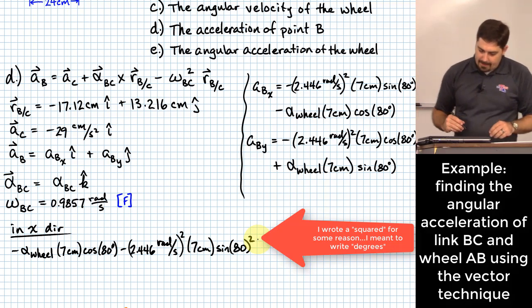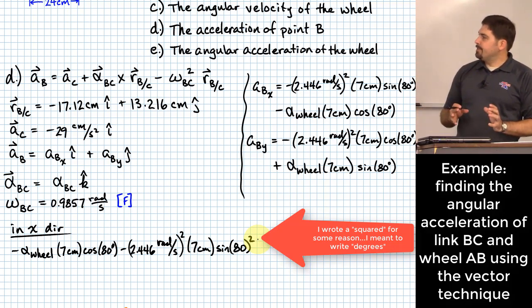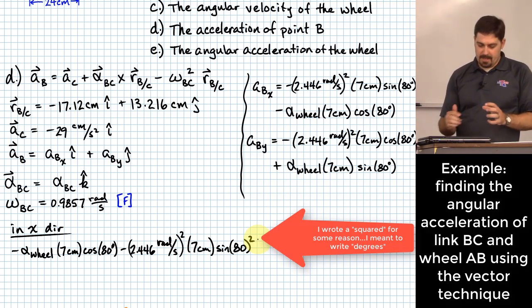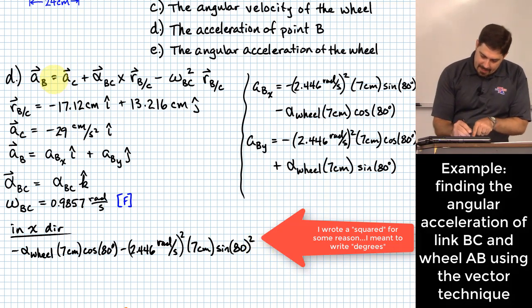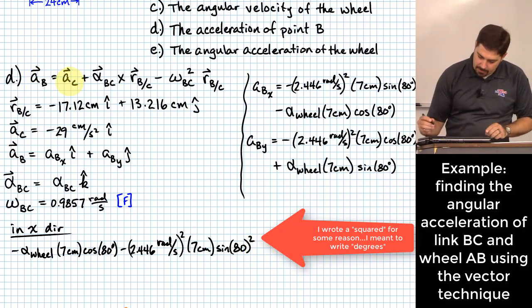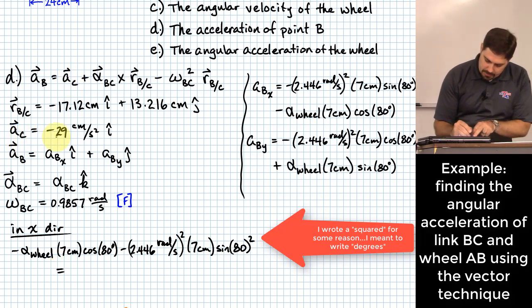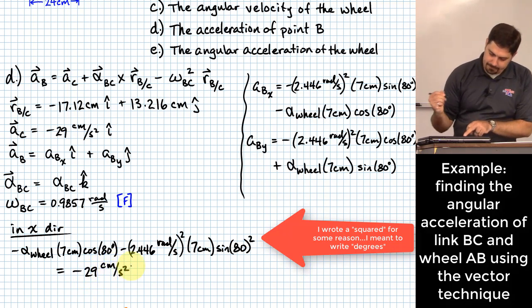All right, all of that I just wrote is the x component. It's ABX, basically, is the only thing that I've written so far. What I'm going to do now is set that equal to, because it's set equal to the x component of AC first, so this is going to get set equal to negative 29 centimeters per second squared. Okay, that's that next term.